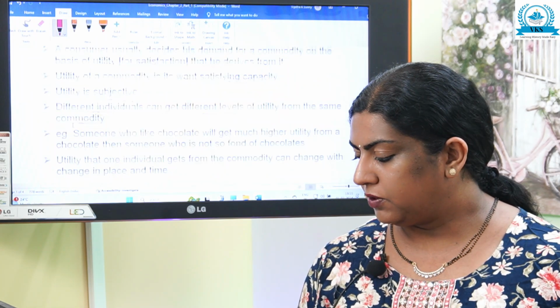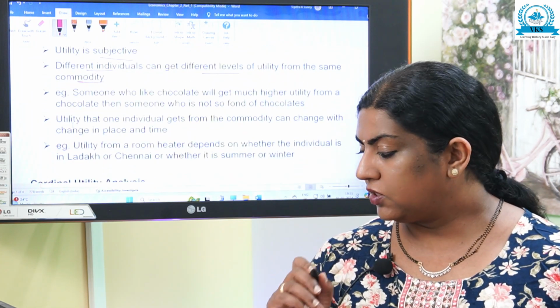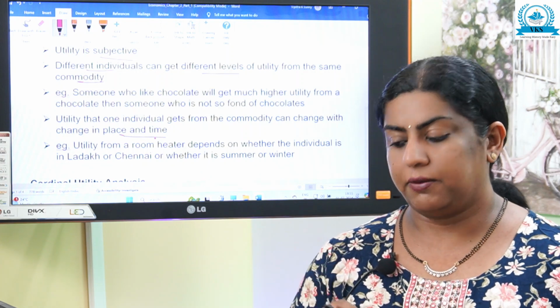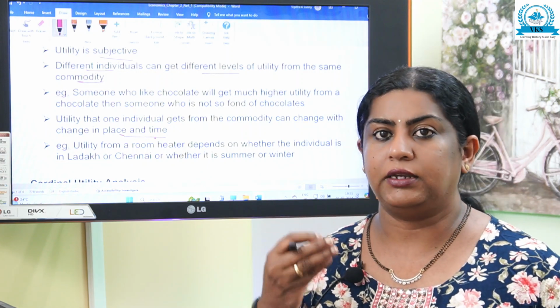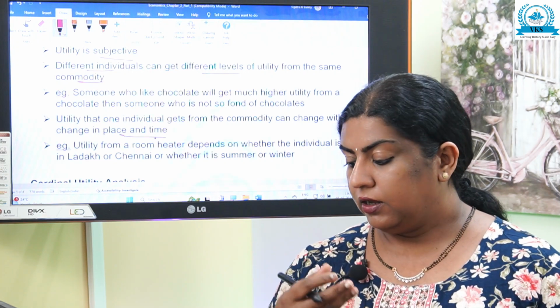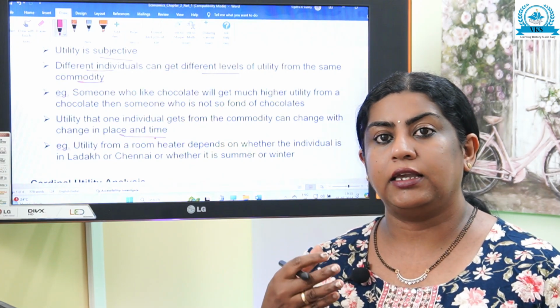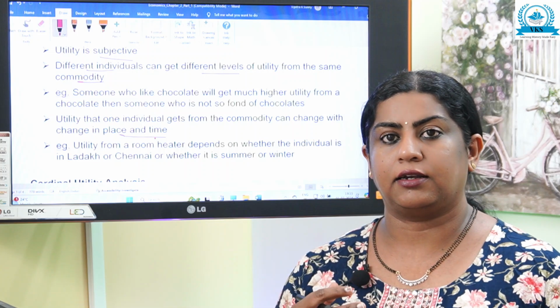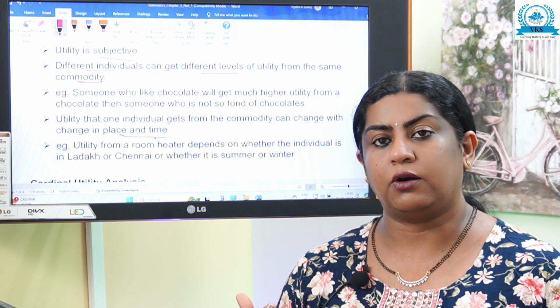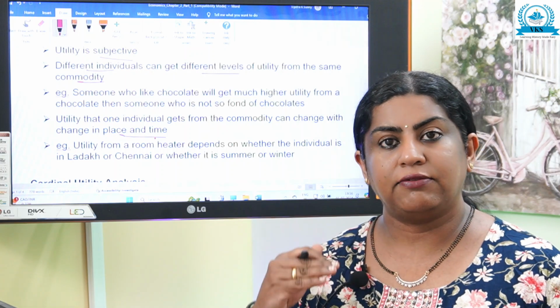The utility that an individual gets from a commodity can also change with the change in place and time. For example, a room heater will be more useful if the person is staying in a very cold place like Ladakh. If they are staying in a place like Chennai where the climate is hot, in summer the utility will be less.